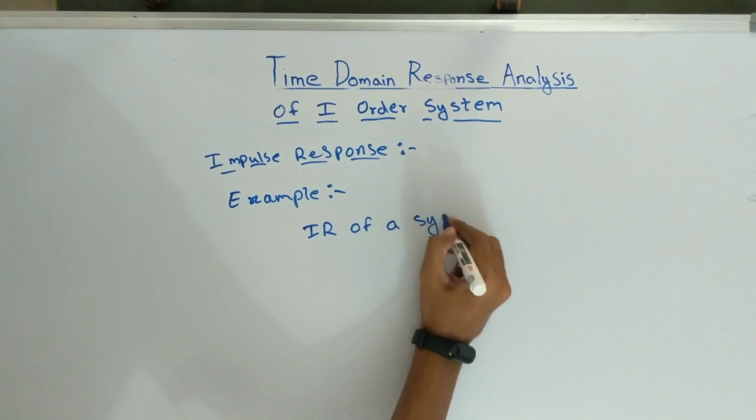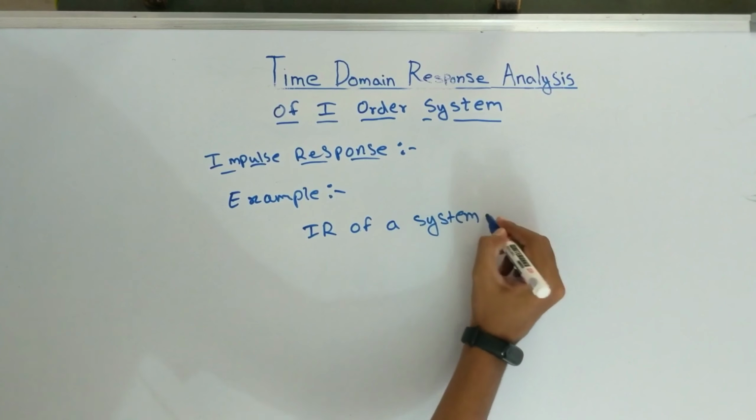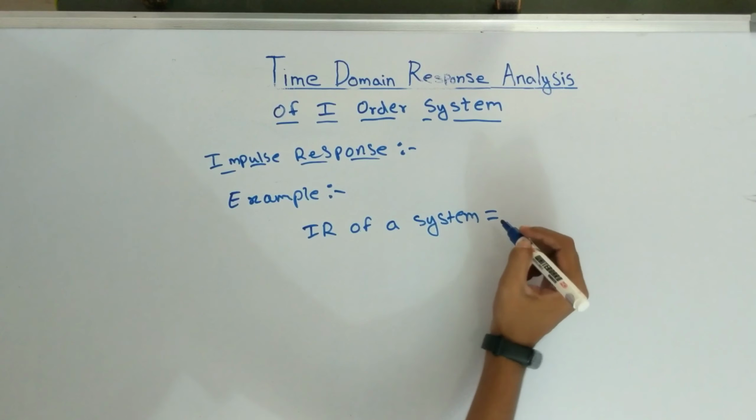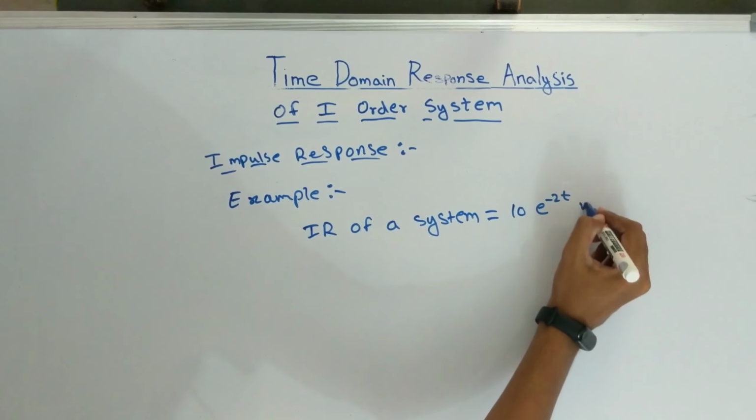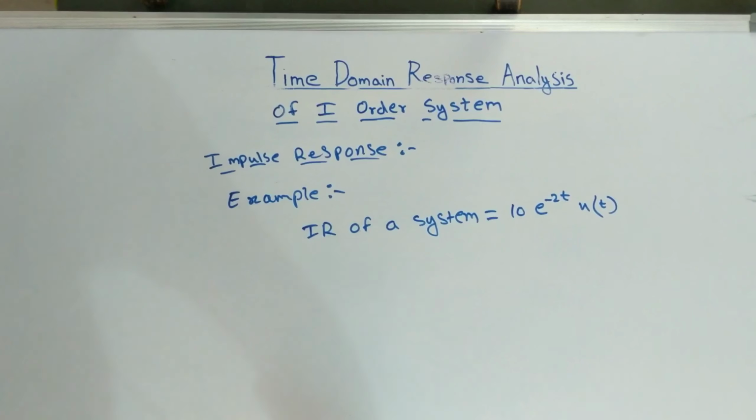A question was asked in an exam. The impulse response IR of a system is equal to 10 e^(-2t) u(t). What is the time constant?